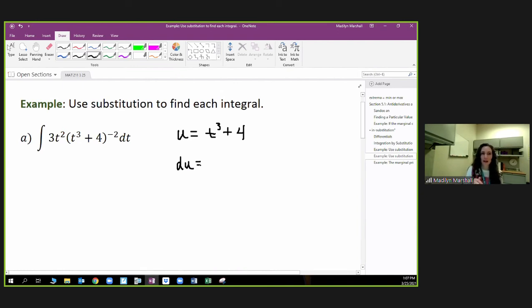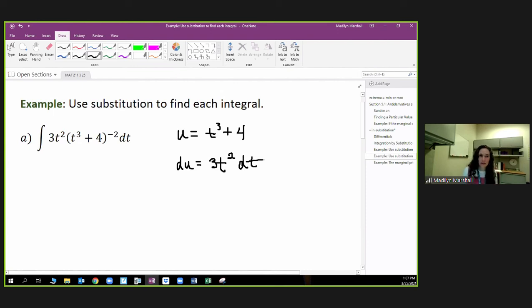Because I sometimes see people choose a u that's not quite right, but then their du is correct, and then things get mismatched. So we're choosing u and then finding du based on that u we chose. So our u is t to the third plus 4. Derivative of t to the third is 3t squared. The 4 goes away.